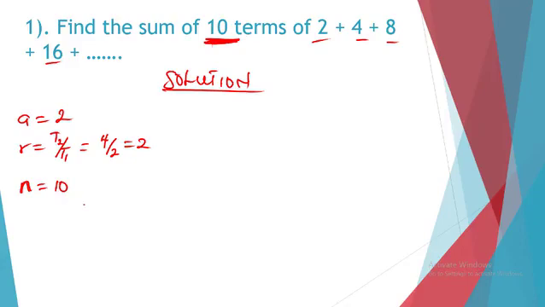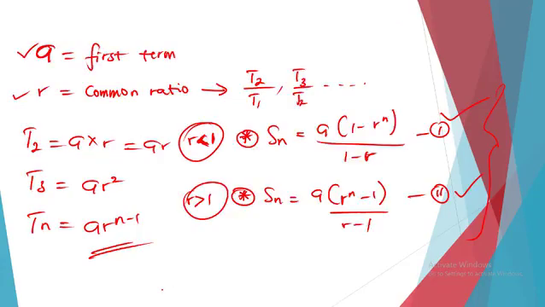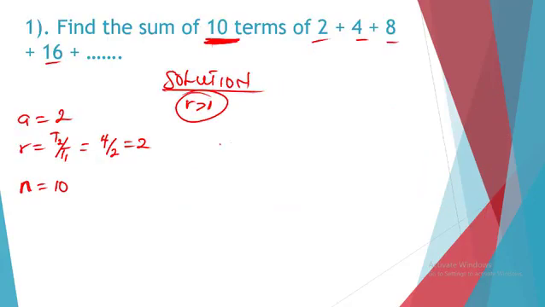So since we found this, we have our r, and remember our r is greater than 1. Since r is greater than 1, we use the second formula, where Sn is equal to a into r raised to the power n minus 1, all over r minus 1.